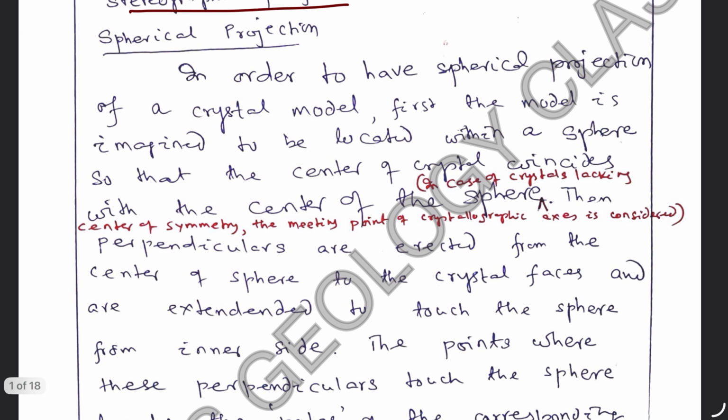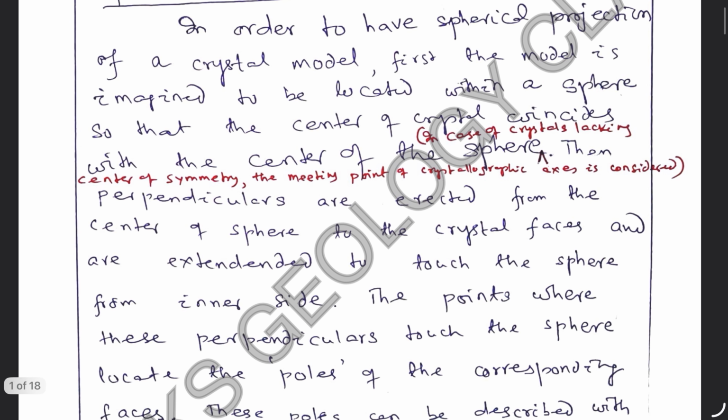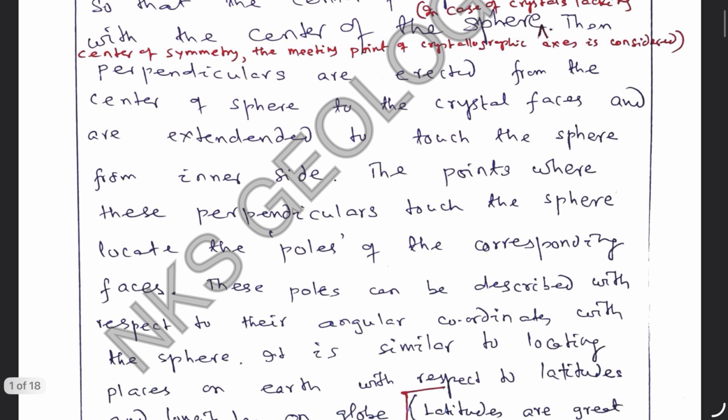Then perpendiculars are drawn from the center of the sphere to the faces, and these perpendiculars are extended to touch the sphere from the inner side. The points where these perpendiculars join the sphere provide the poles of the faces, and these poles together form the spherical projection of the crystal concerned.